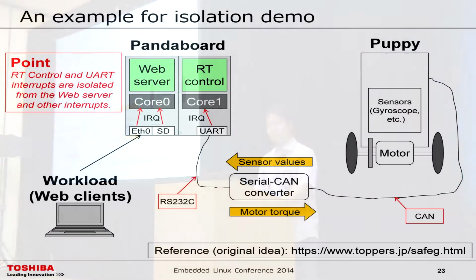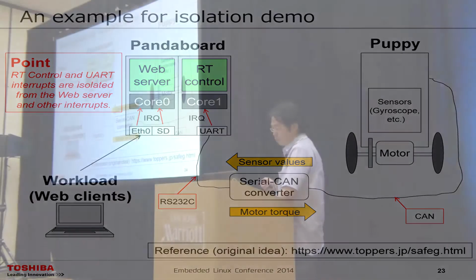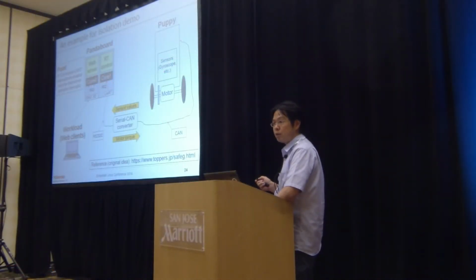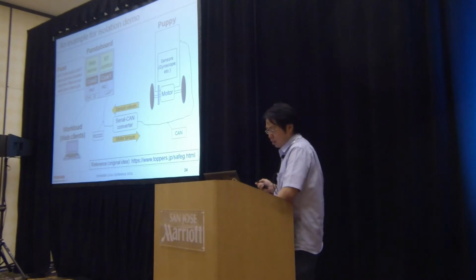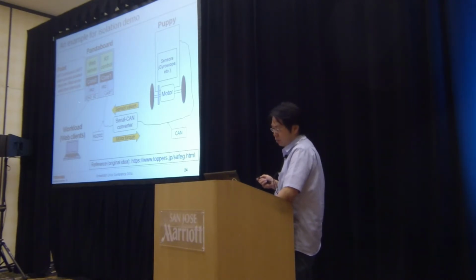So, I can show you the demo. This is an example of an isolation test, or isolation demo. At that time, we used a Pandaboard. The Pandaboard has a 2-core processor, and we use one core for general purpose, a web server, and the other for controlling this robot. This robot sends sensor values to the Pandaboard through a CAN device and an RS serial device.